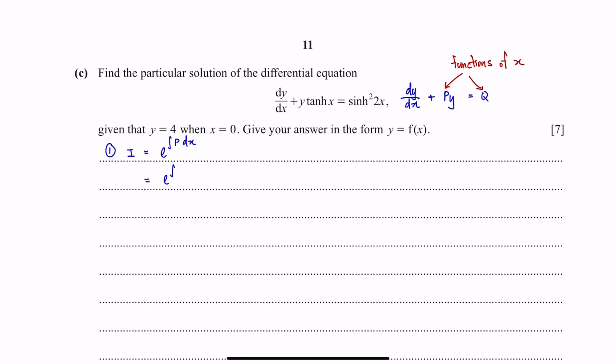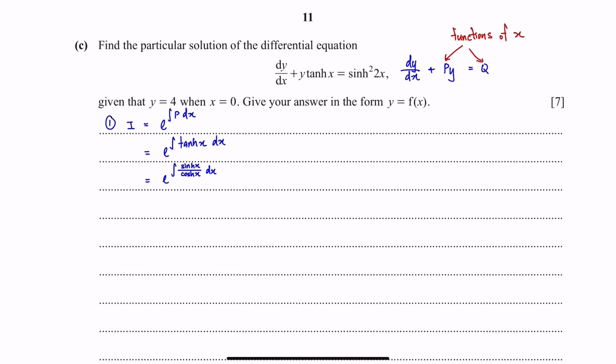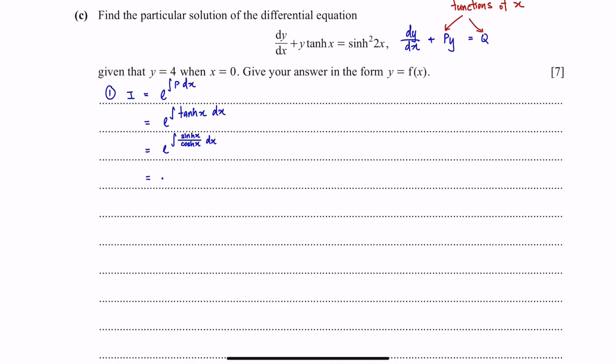So p in this case would be tan x. So tan x is just sin x over cos x, and the integral of this would be ln cos x.